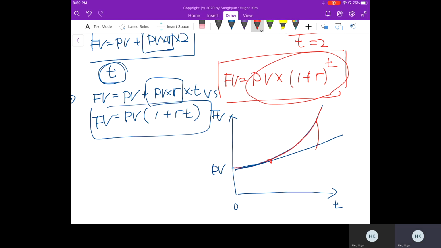So that's the power of compounding. In today's financial system, we almost always use compound interest. So in this class, unless otherwise mentioned, we use compound interest.